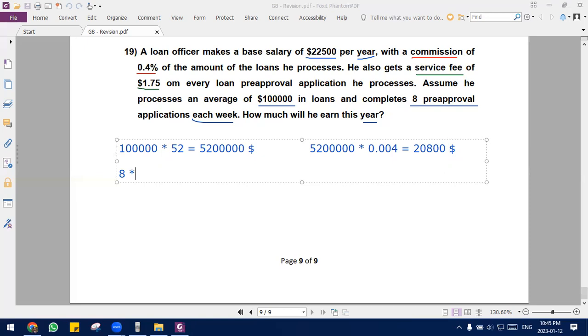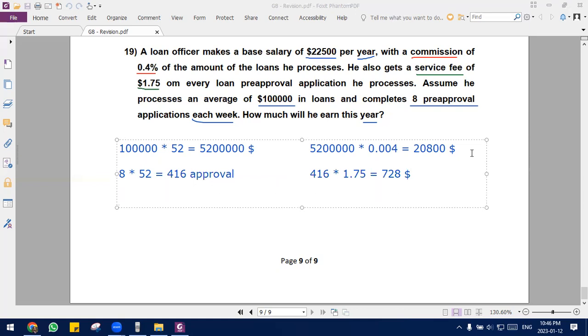When I multiply it by 52, I will get the number of approvals in a year. So 8 times 52, 416 approvals. And then we have 416 approvals, and he's getting $1.75 per approval. When I multiply them, I will get $728.